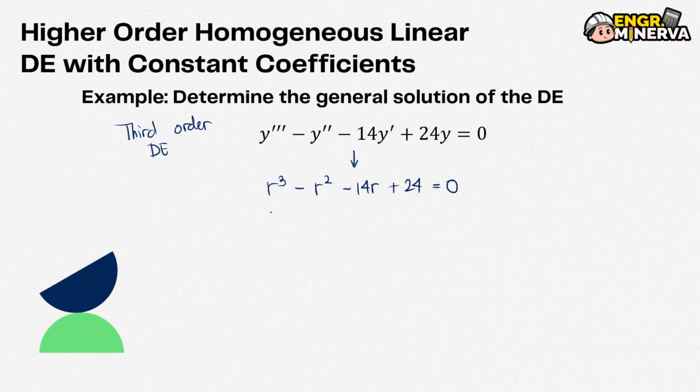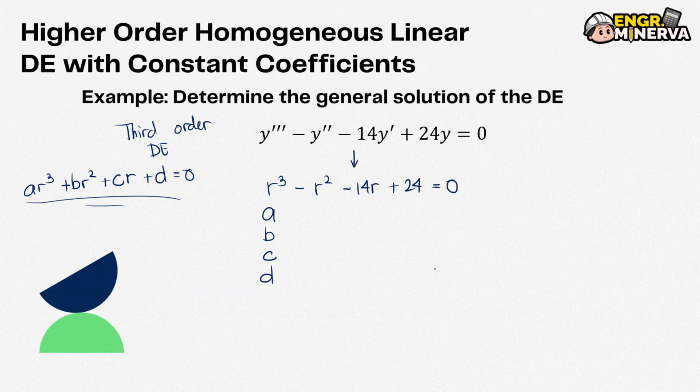So this would be now A, B, C, and D, because A represents the coefficient of r cubed, B the coefficient of r squared, C the coefficient of r, and D the constant. So that would be 1, -1, -14, and 24. Since this is now third order, we also have 3 roots. Take note of that.